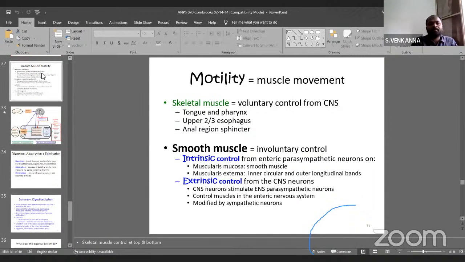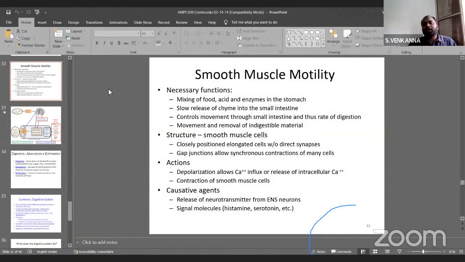The next slide is smooth muscle motility. The necessary internal functions are mixing food, acids and enzymes in the stomach, slow release of chyme into the small intestine, control of movement through the small intestine and thus the rate of digestion, and movement and removal of indigestible material, unwanted foreign particles.